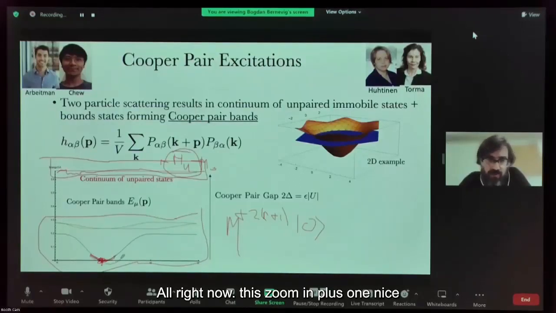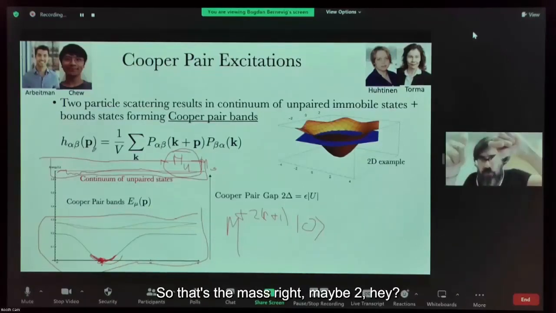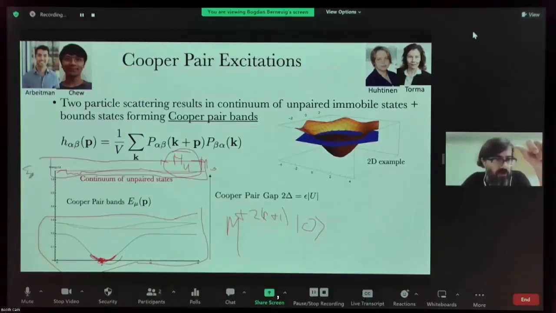So this is your Cooper pair, which basically tells you that if I make two electrons, one spin up, one spin down, each of them has energy epsilon u over 2. So together they have epsilon u, but there's a binding energy between them, which drops their energy down to 0.